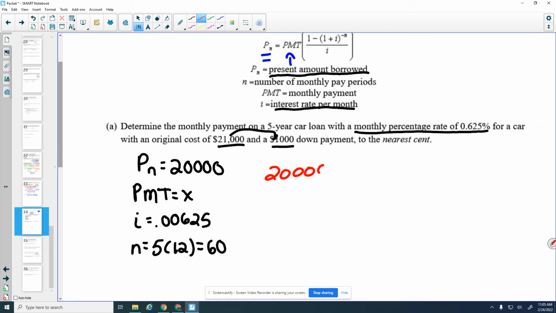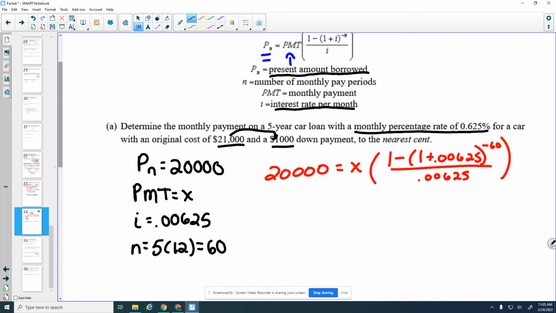We have P sub n equals X, which is what I'm using for PMT, times 1 minus 1 plus 0.00625 to the negative n, so negative 60, over 0.00625. Now, everything in this parentheses is a number, so I can directly type that in, and I'm going to have that number times x.